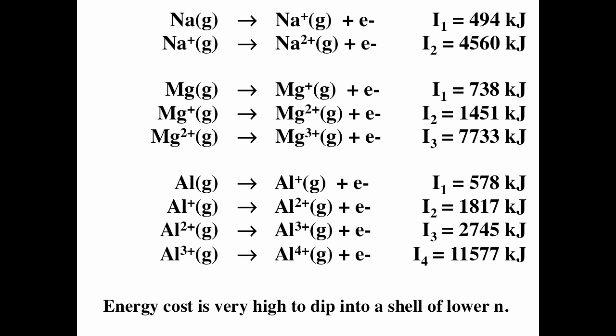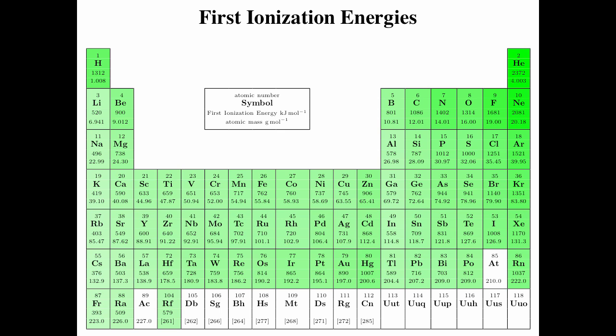Sodium is an alkali metal, typically forms +1. Magnesium is an alkaline earth, typically forms +2. And aluminum typically forms +3. And so here's a periodic table colored based on the first ionization energy. The darker the color, the higher the ionization energy. The first ionization energy is given below the symbol.